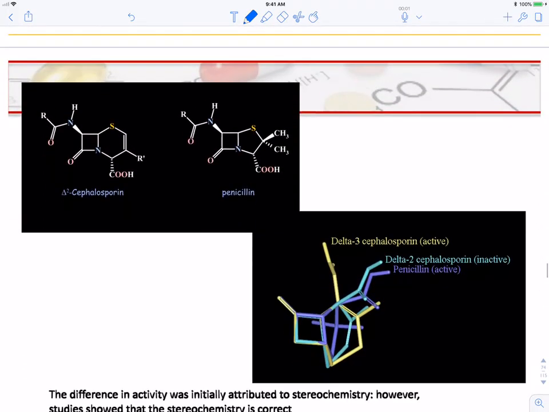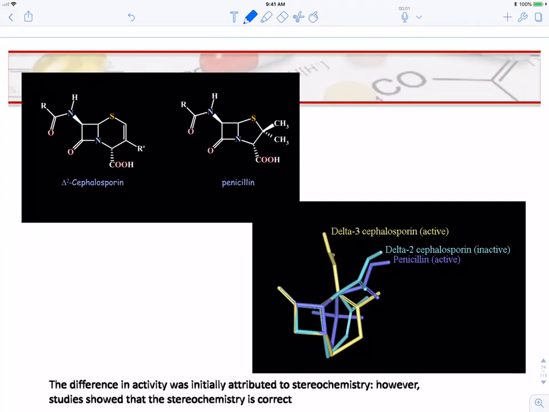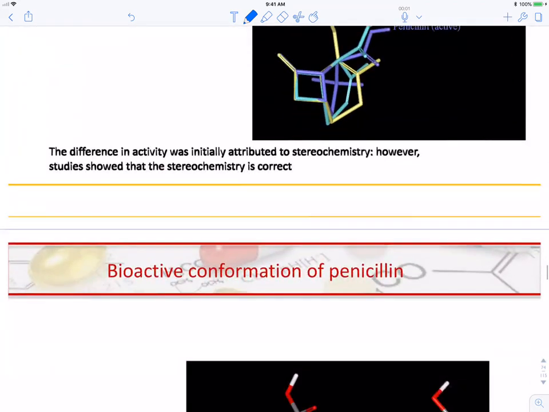So here we have the difference in activity that we have when we change the conformation, between the cephalosporin with the double bond in this position versus penicillin. And you can see that delta 3 cephalosporin, which is active, has not a different stereochemistry, but rather a different three-dimensional conformation.